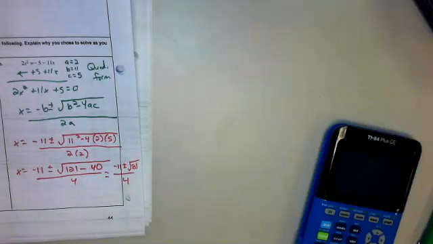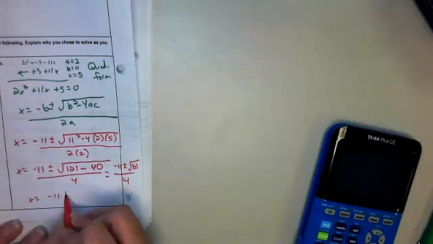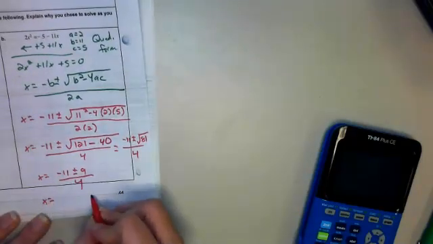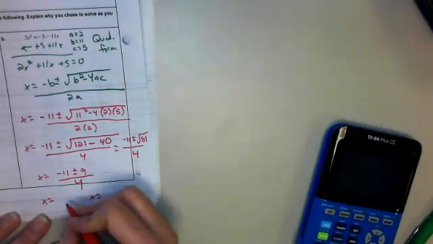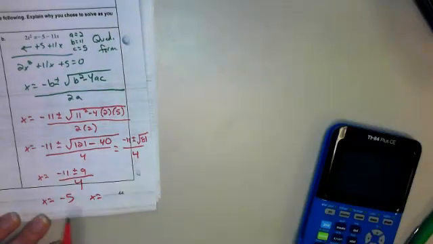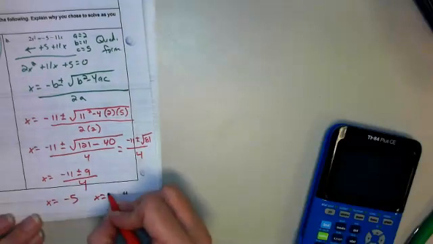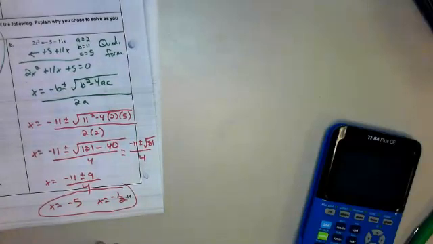So x equals negative 11 plus or minus 9 over 4. So that's going to be x equals and x equals. Negative 11 minus 9 is negative 20 over 4, which gives me negative 5. Negative 11 plus 9 is negative 2 over 4, which is negative 1/2. Those were nice numbers. Very good.